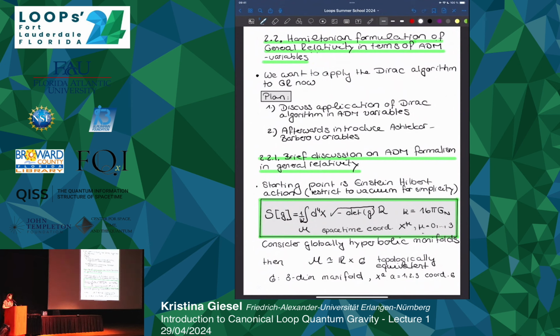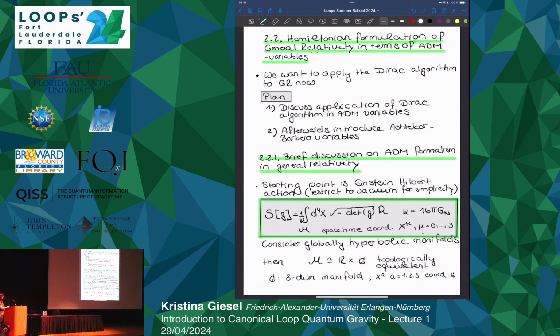And this I will do in the standard canonical variables, the so-called ADM variables. And afterwards, once this is done, I will explain how we can go from these ADM variables to Ashtekar-Barbero variables.